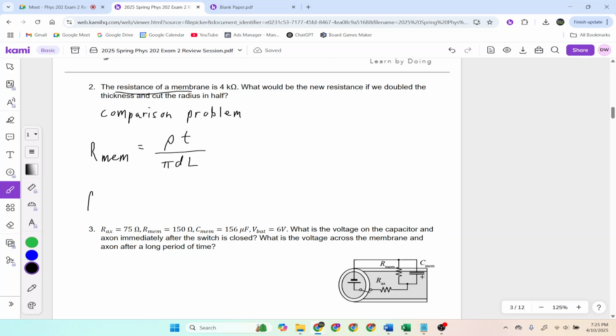Now, for R2, or R new, whatever you want to call it, what changed? We doubled the thickness and cut the radius in half. So if I double the thickness, that's now 2t. And if I cut the radius in half, is that going to be 1/2 the diameter or 1/4 the diameter?